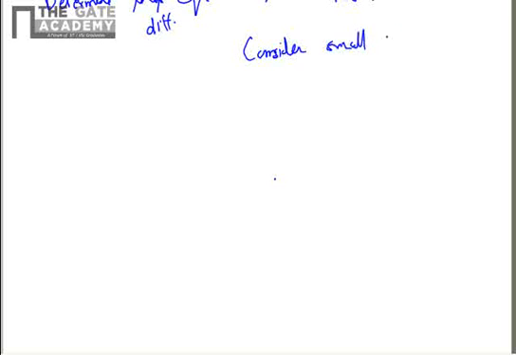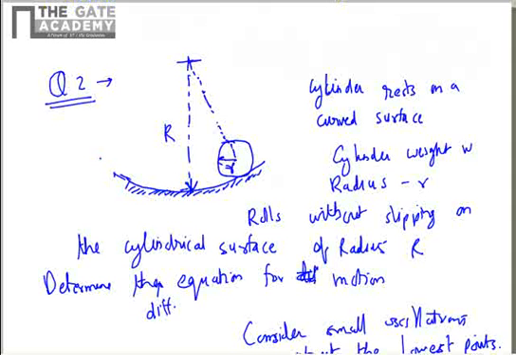Consider small oscillation about the lowest point. So that is the equilibrium position, the lowest point. Any system tries to get to a state of minimum energy. So the lowest point shown here, which is closest to the horizontal, is the static equilibrium point. About that equilibrium point, this cylinder is given some displacement.